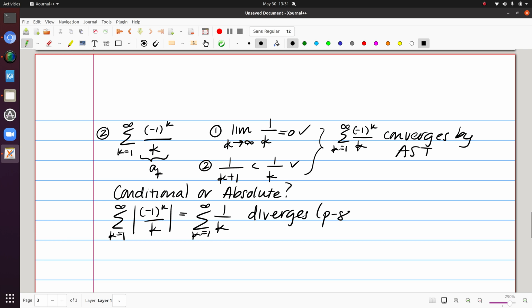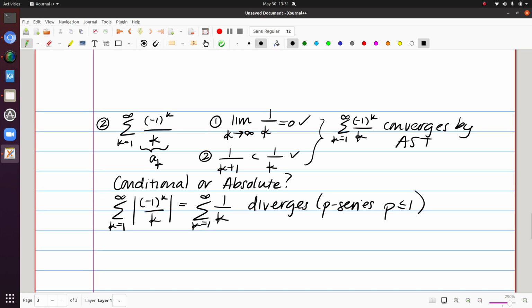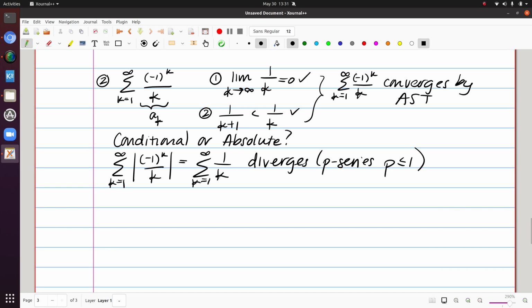You could say it's harmonic, or it's a p-series that is in the category of p less than or equal to 1. So what we have here is, again, I fully justified what each of these series does, and together we can now conclude that the original sum, while we found that it converges, converges conditionally.